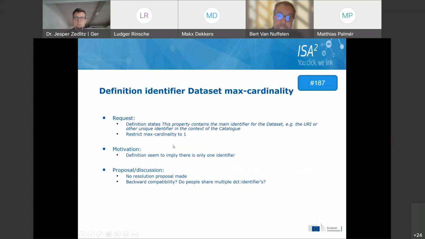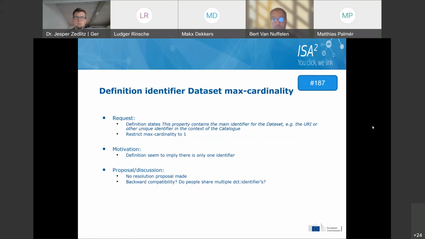There is a similar topic in this identifier space, topic 187, where the definition says that the property DCT identifier is the main identifier of a data set, and that the sentence therefore indicates a restriction of max cardinality 1.